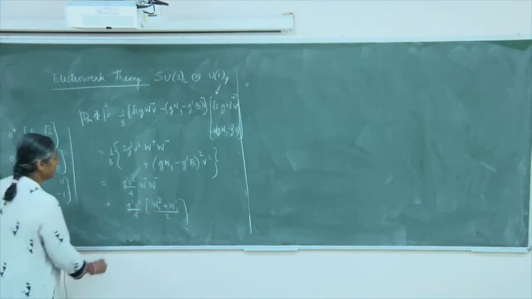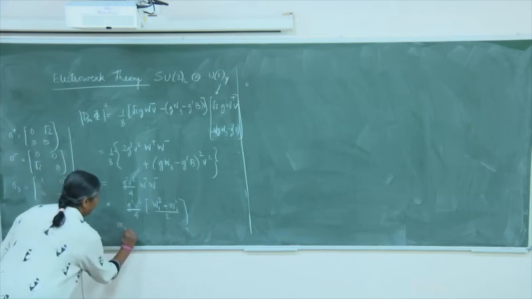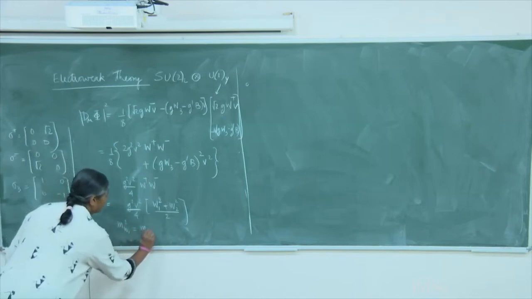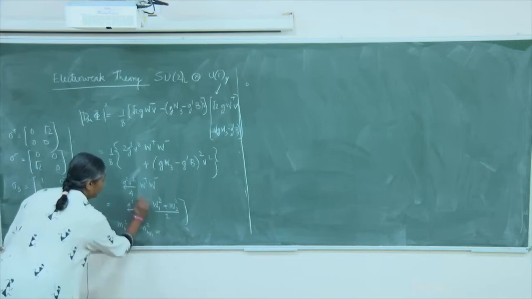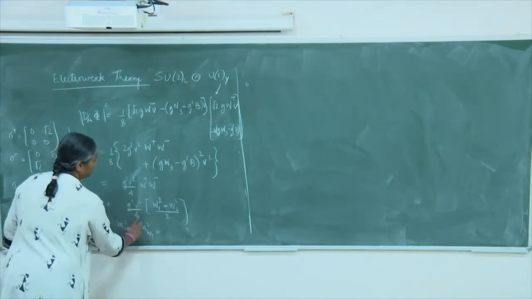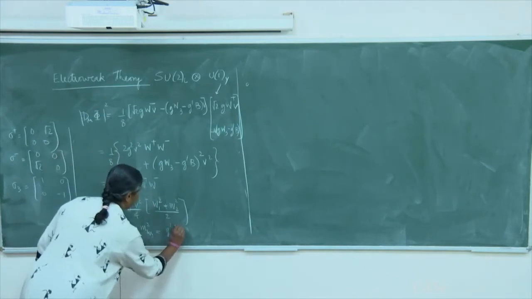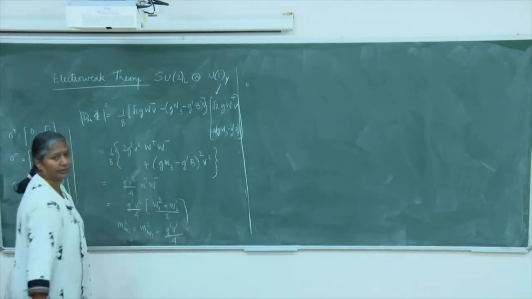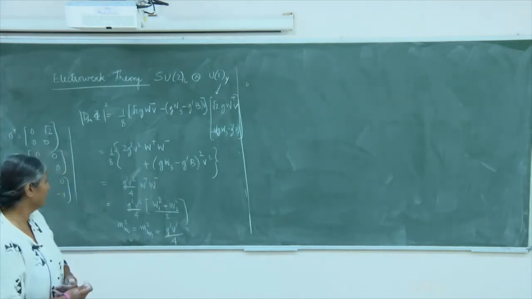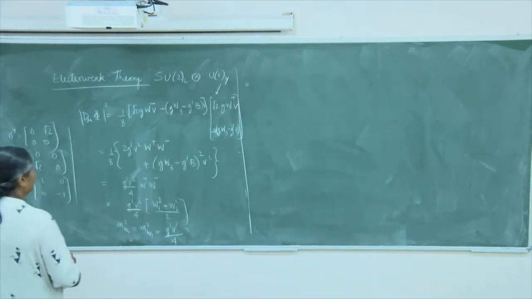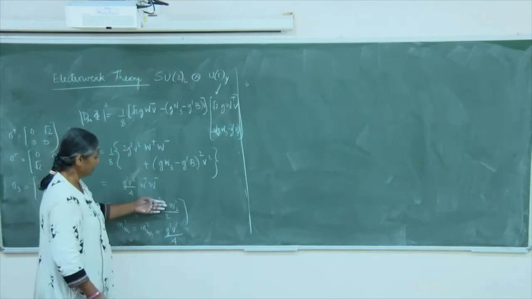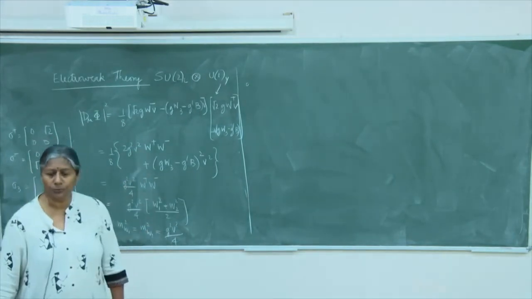Which means that the mass of W1 squared is equal to the mass of the W2 squared is equal to, because half m squared W squared, right, is equal to G squared V squared by 4. So we have now got the mass of the W plus W minus bosons to be GV by 2.